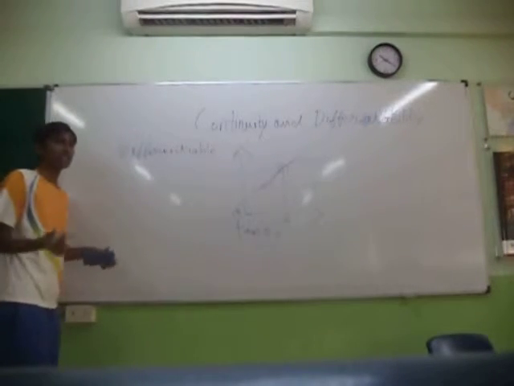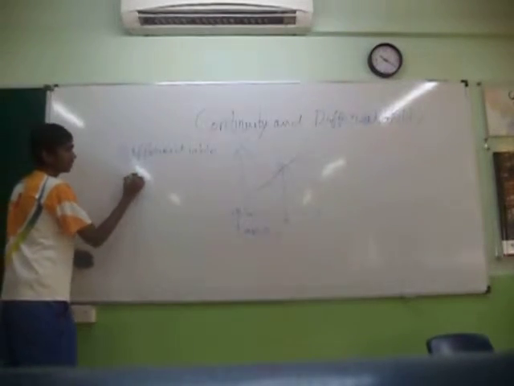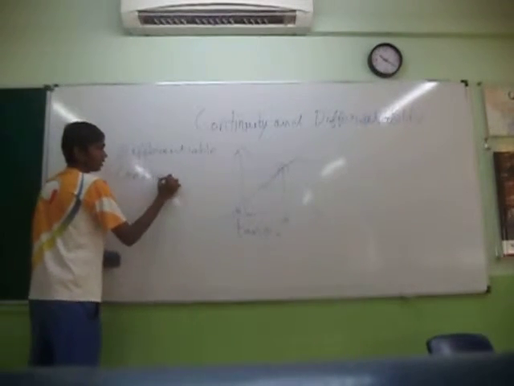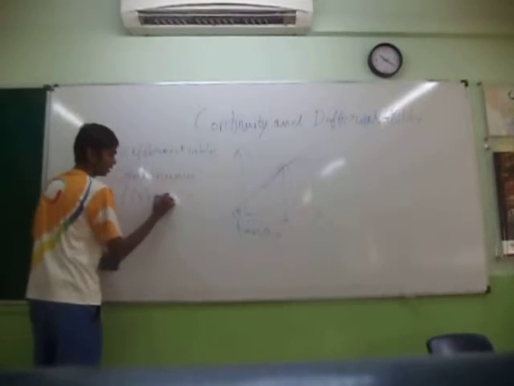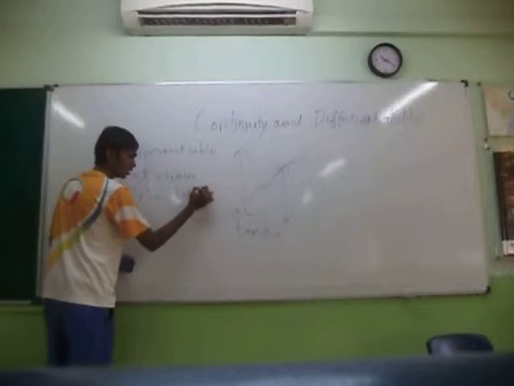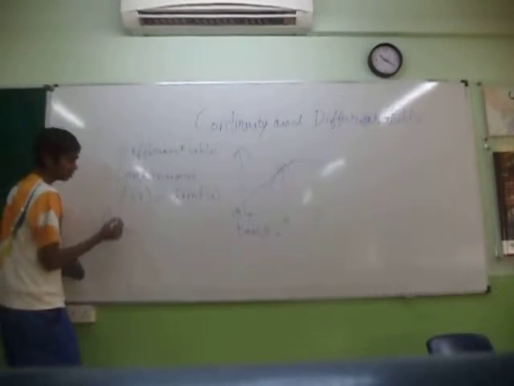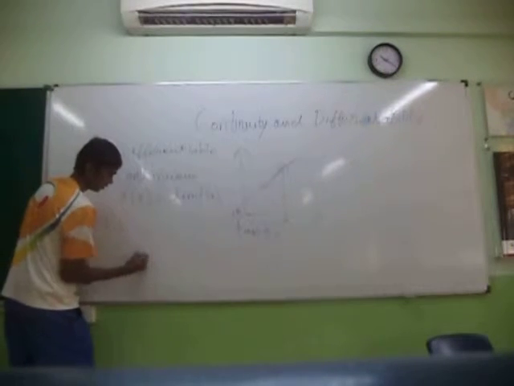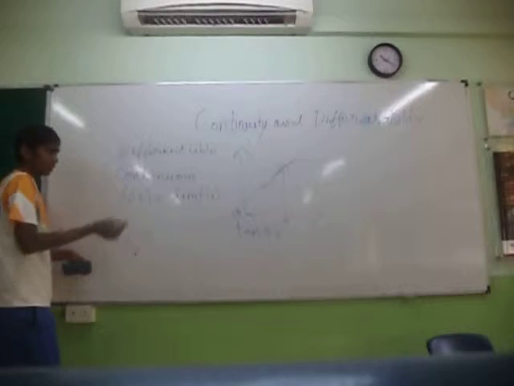So the conditions required for a function to be differentiable are, first, it should be continuous, which we know by f(x) being equal to the limit of the function, and secondly, the function should not have any sharp points. And how do we express this mathematically?